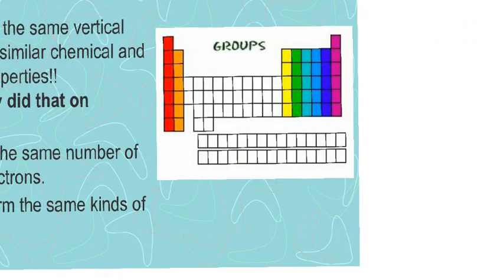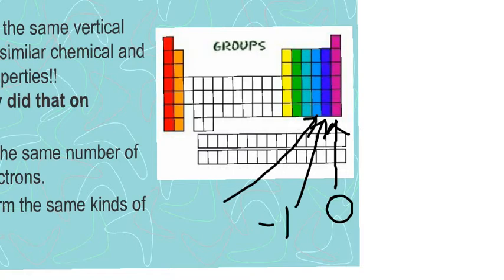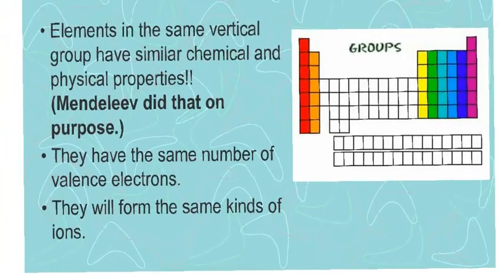If you gain electrons, well, this group will not lose or gain. They won't form an ion. They're chemically unreactive. But this group right here, they'll form a -1 ion because they gain 1. This group will form a -2 ion because they'll gain 2 electrons. And the pattern repeats.